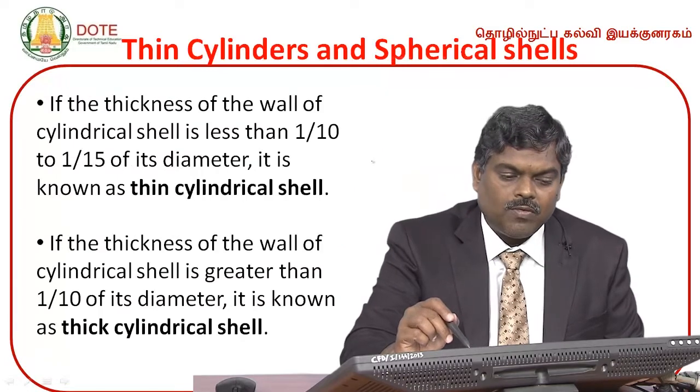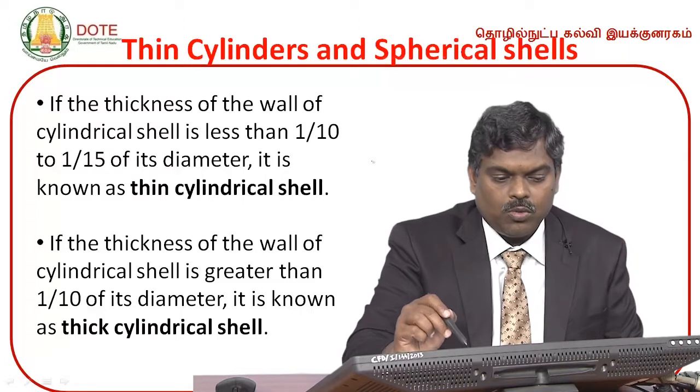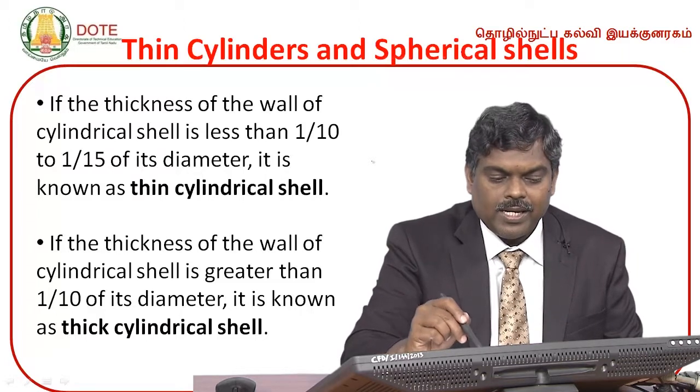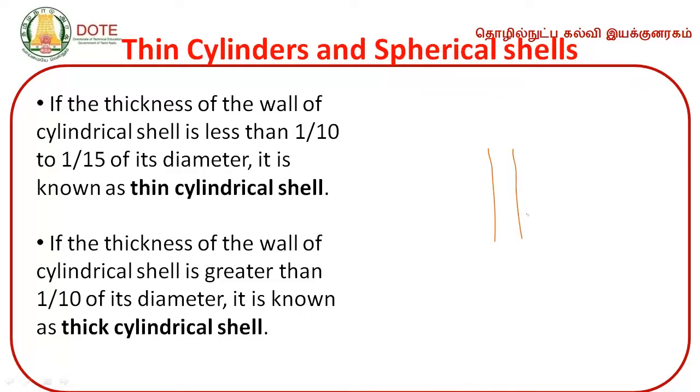If the thickness of the wall of a cylindrical shell is less than 1/10 to 1/15 of its diameter, it is known as a thin cylindrical shell. This is the thickness of the wall.